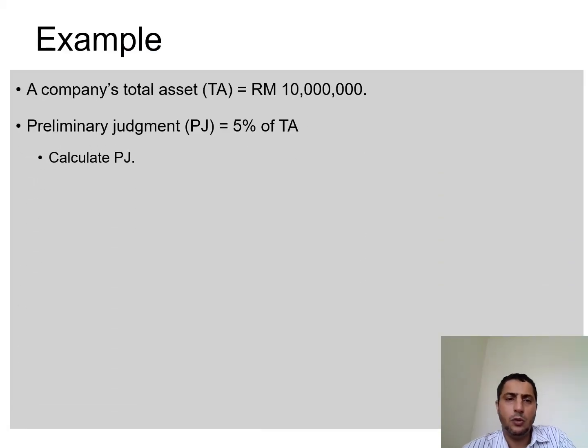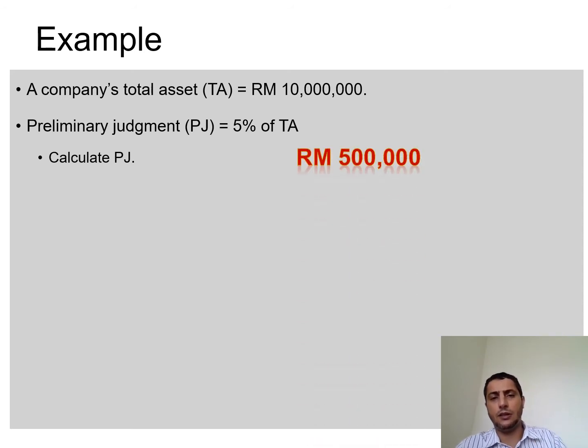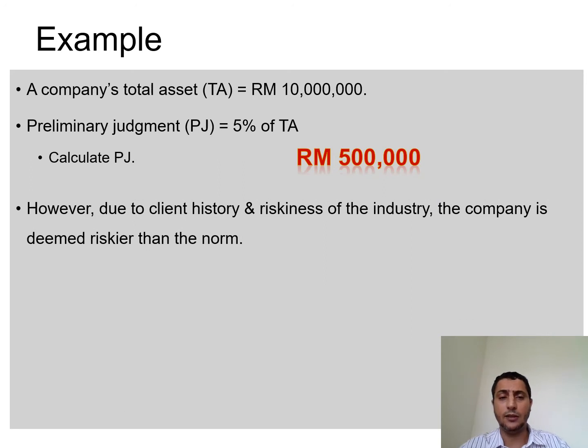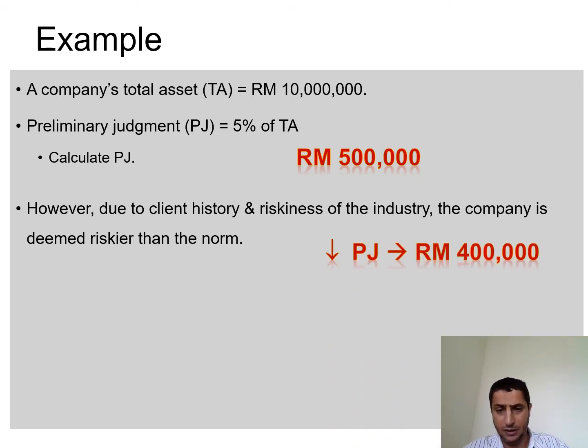To illustrate more about step 2, if we can recall the example we discussed earlier, we have total assets of 10 million and the preliminary judgment has been set at 5% of the total assets. So the preliminary judgment for the total assets is 500,000, and then by considering the client history and riskiness, which is a qualitative aspect, we reduce the preliminary judgment to 400,000.